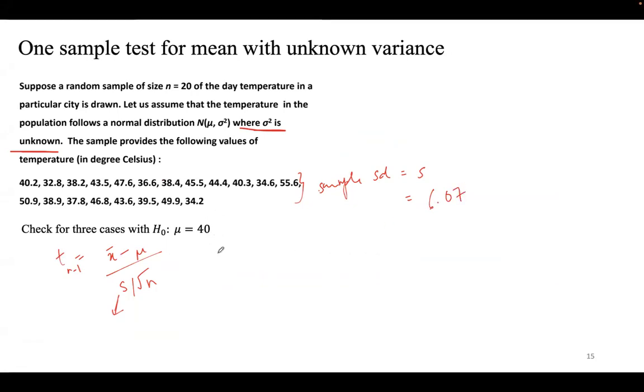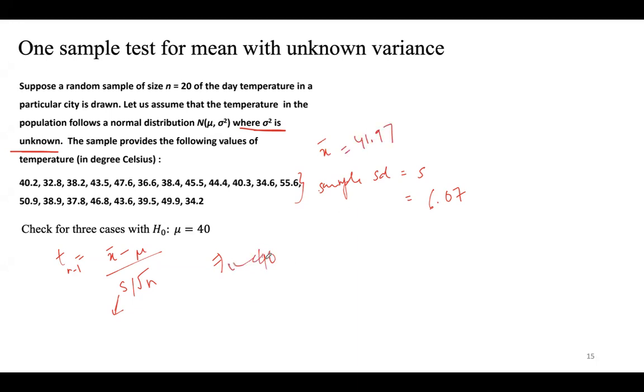That's it, right? So now, in the previous case, this mu was 30. In this case, just to make it different, it's 40. But the calculation is still going to be of the similar type. And the mean we just saw, right? X bar we saw in the previous slide, it's the same thing, 41.97.